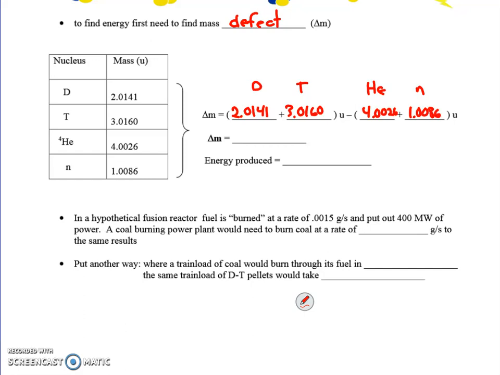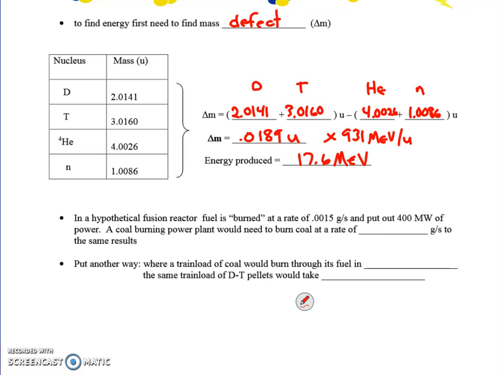All right, you should do the math on your own, but I've already worked it out. So our mass defect is 0.0189 U's. And if I multiply that by 931 MeV per U, I get the amount of energy that's given off, and that's about 17.6 MeV of energy.